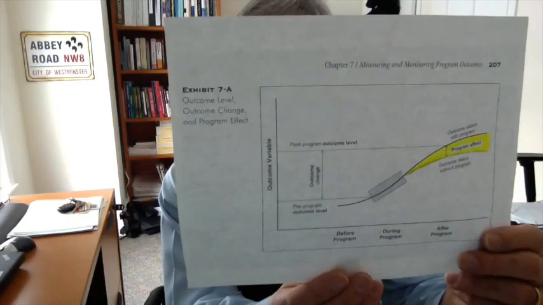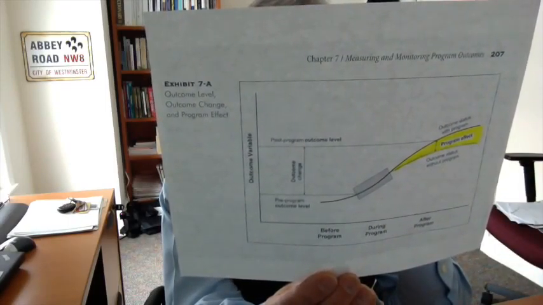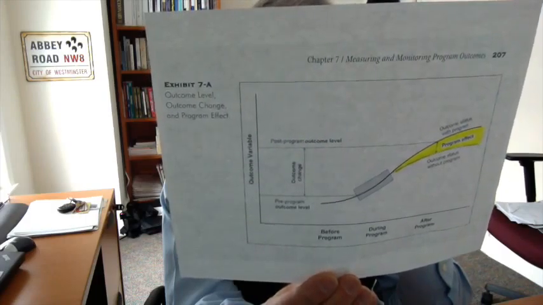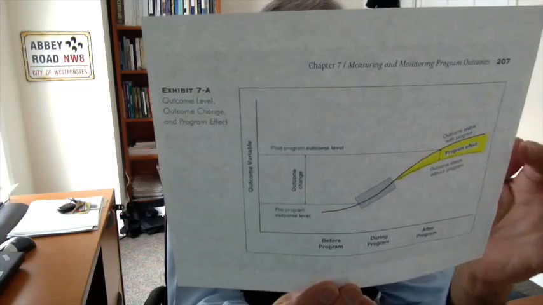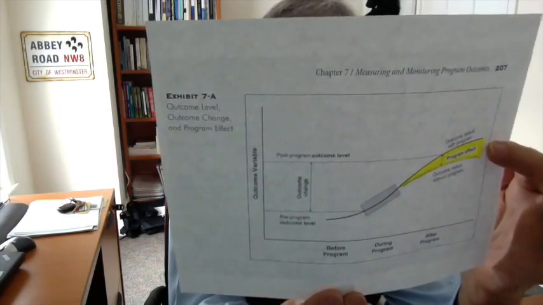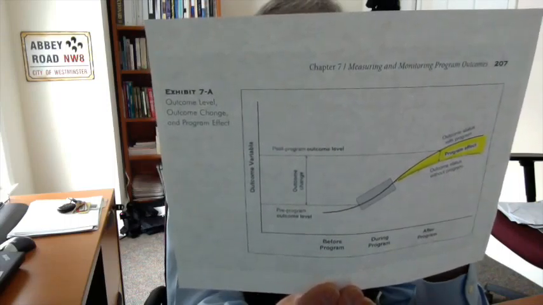So I want to take us back to this graph that's in Chapter 7, okay? And this is about this yellow area. How do you actually measure program impact?